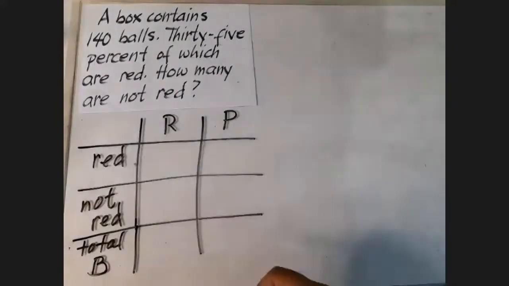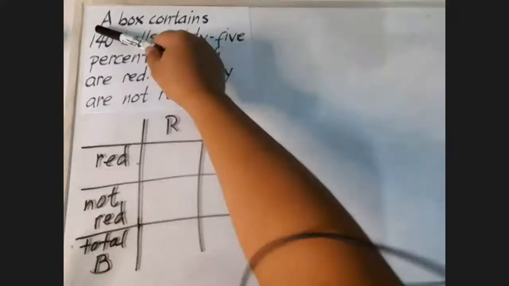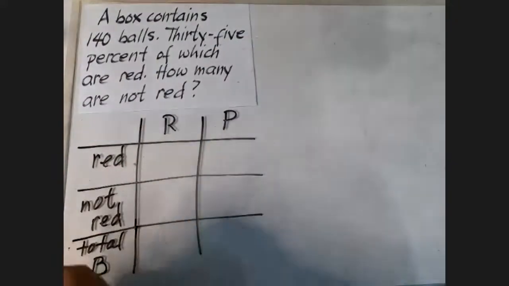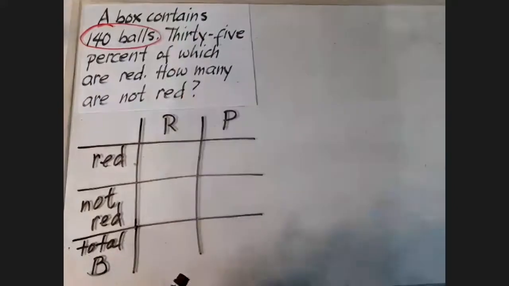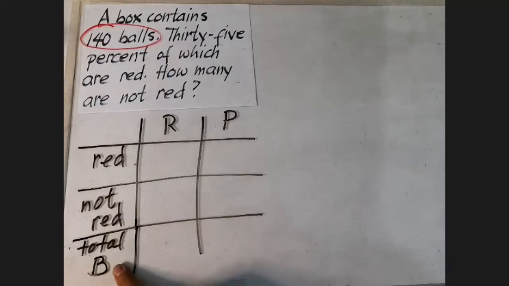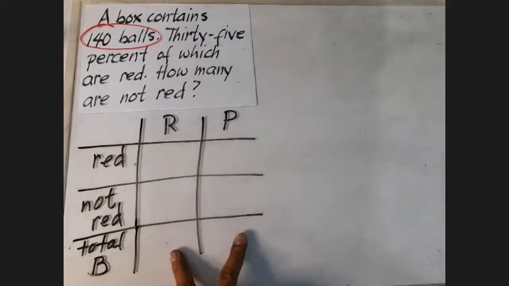Now, balik tayo dun sa problem natin. Paano natin lalamnan yan? Sabi dyan, a box contains 140 balls. Okay, 140 balls. That means that 140 should go to the base. Pero ano ba yan? Is that rate or sa column ng percentage? Okay? Siyempre, hindi siya dapat sa rate.